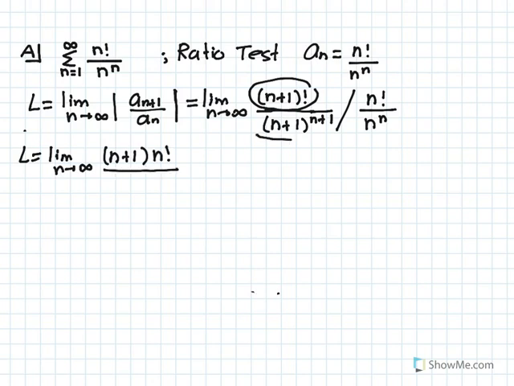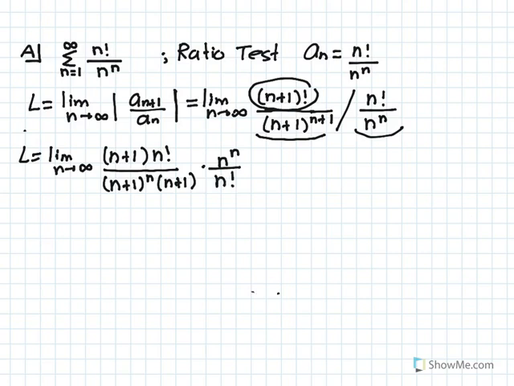And in the denominator, n plus 1 to the power of n plus 1 can be rewritten as n plus 1 to the power of n times n plus 1. Now we're dividing by this fraction, that's the same as multiplying by the reciprocal. So that's times n to the power of n divided by n factorial.